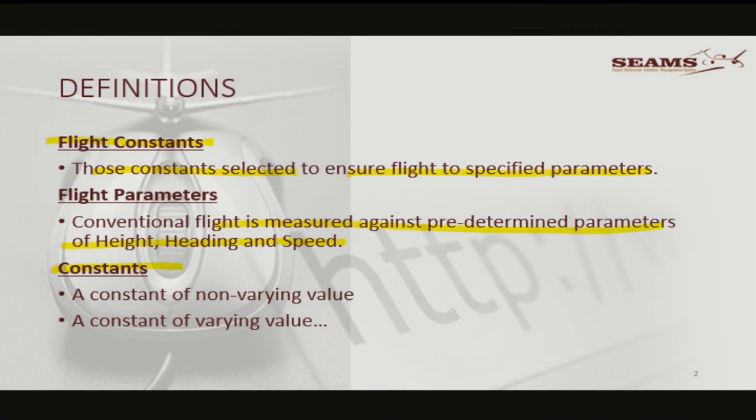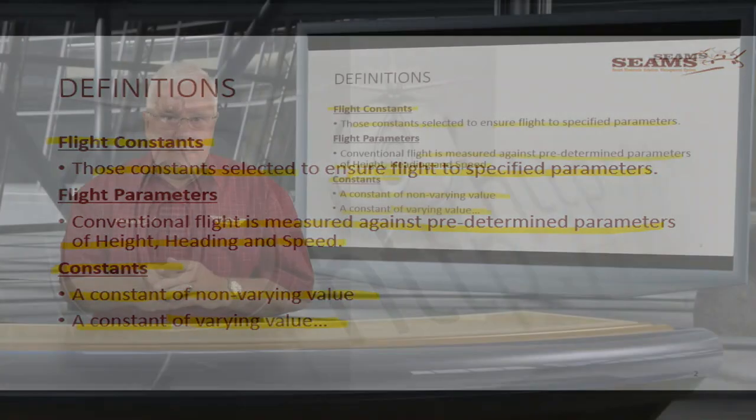Constants. Now, I just want to make sure that when I talk about constants, we're not talking about haphazard things happening. A constant is a non-varying value, or I can talk about a constant that has a continual varying value.